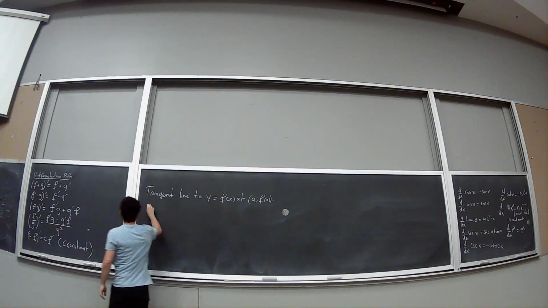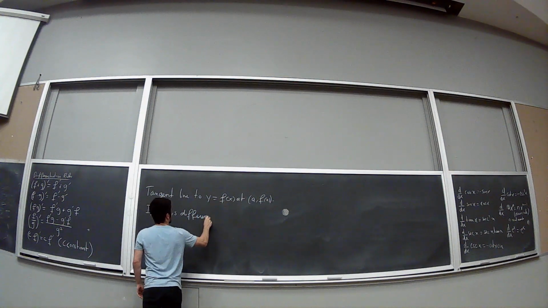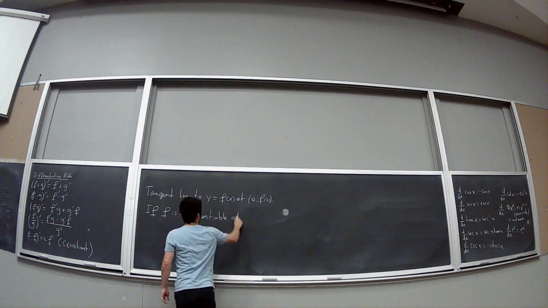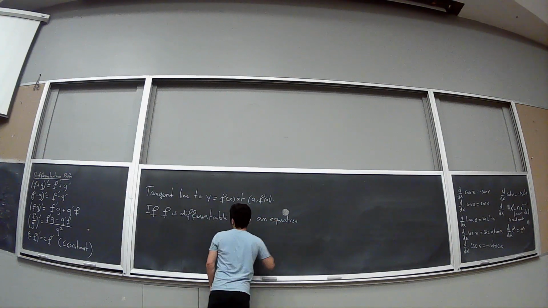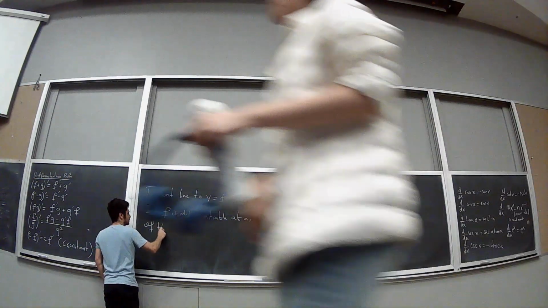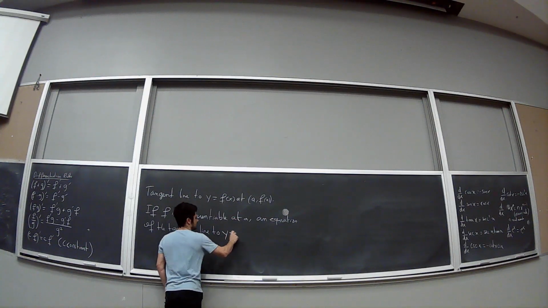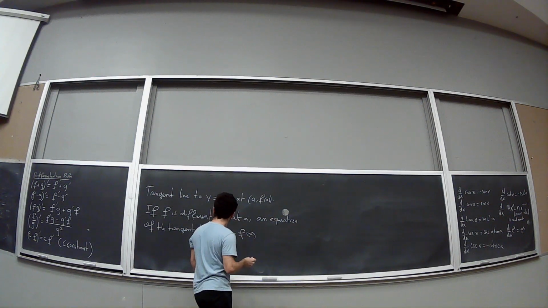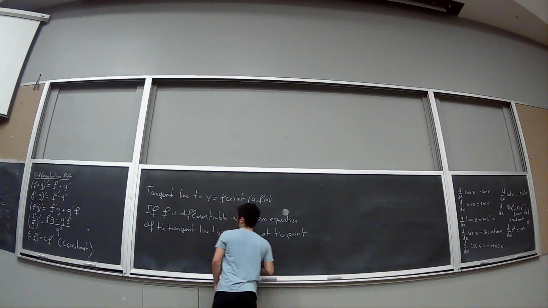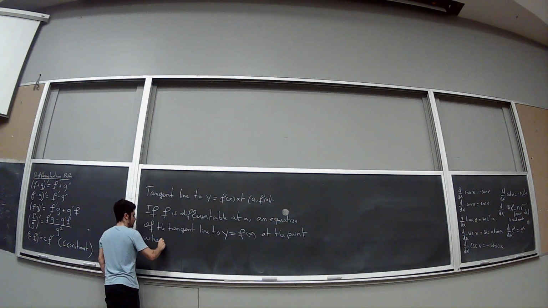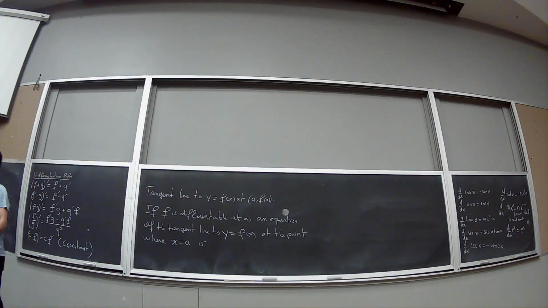So if f is differentiable at a, an equation of the tangent line to y equals f of x at the point x equals a is, what is the slope of the tangent line? f prime of a, right?